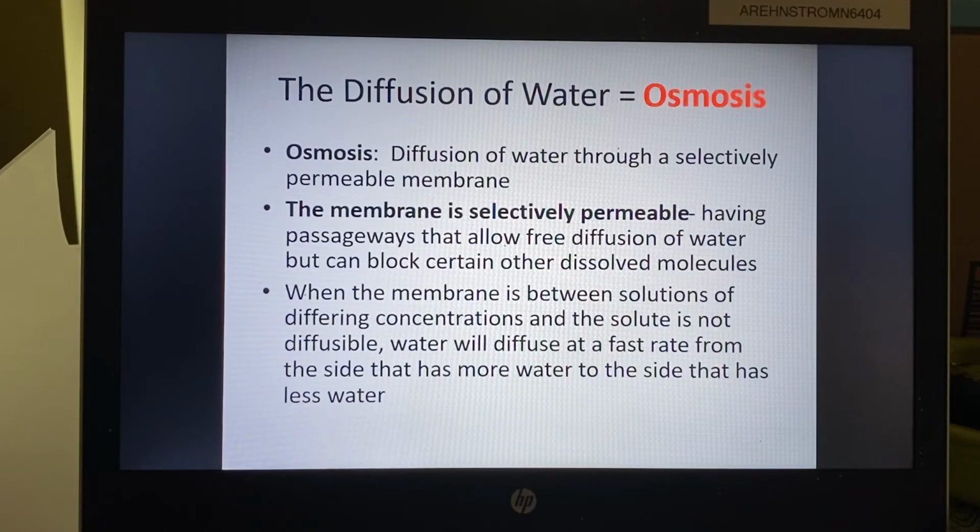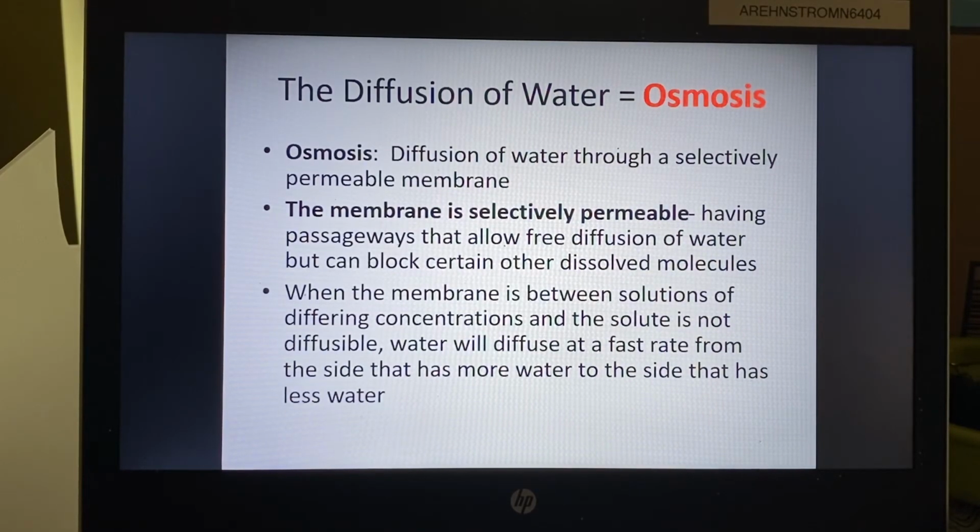Selectively basically means the same thing. It means the bigger stuff can't go through the membrane, but water, being nice and small, can. Every cell membrane is selectively permeable, and water can freely diffuse through the membrane, but other things are going to be blocked.